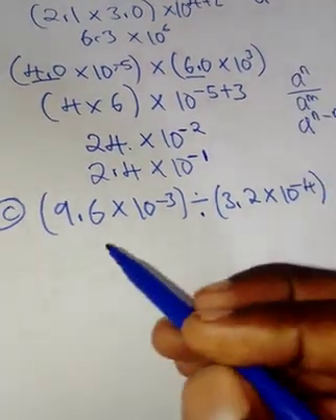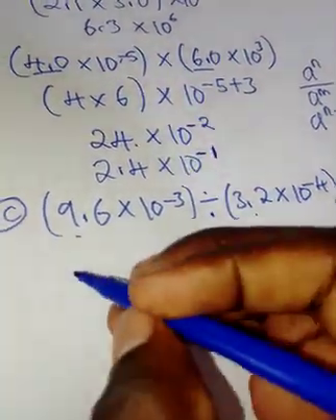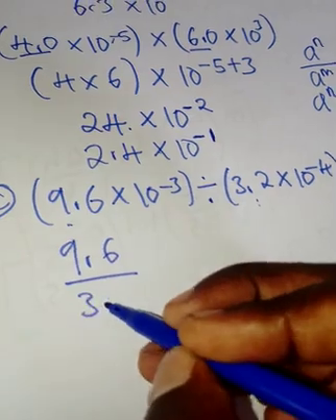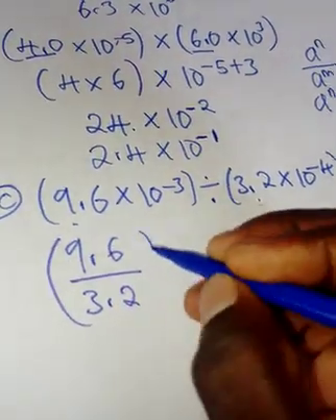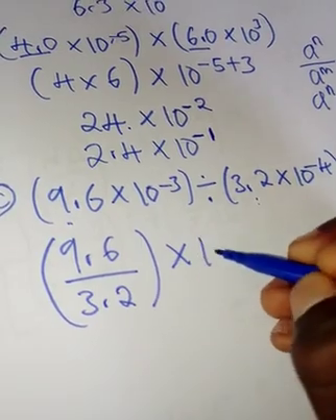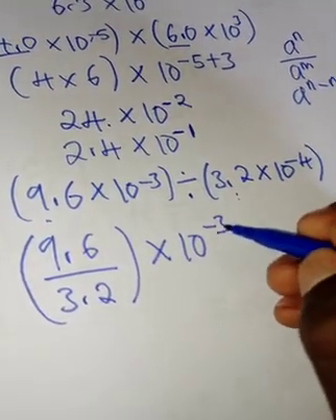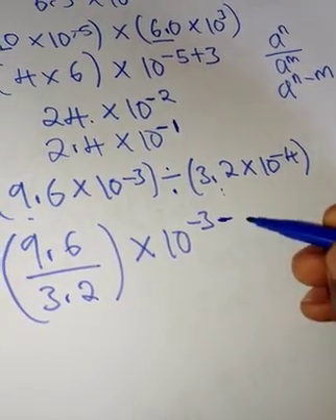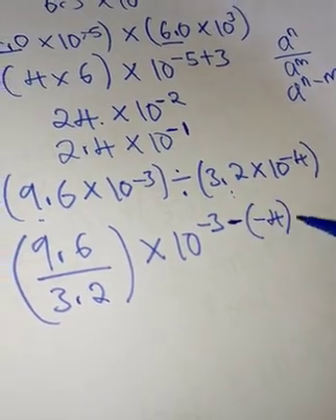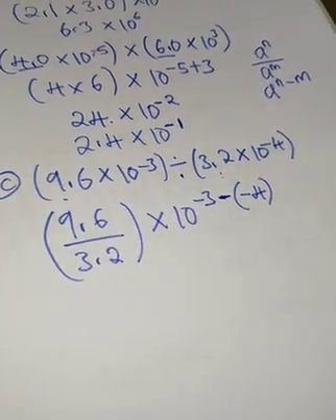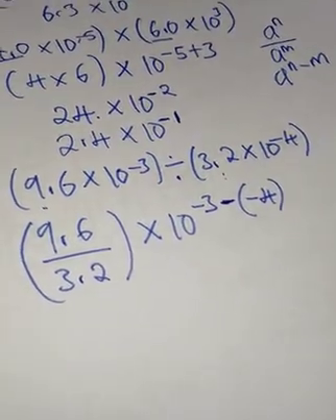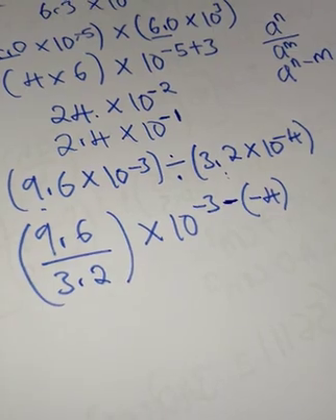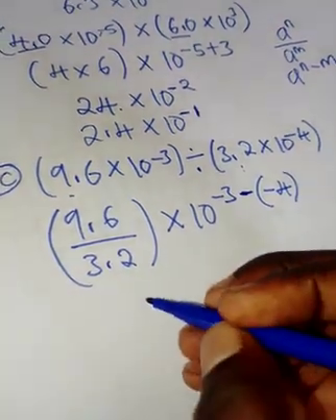Same applies here. You simply divide these. So you get your 9.6 over 3.2. Then multiply by 10 to the power -3 minus, this minus is in the formula, minus -4. 9.6 divided by 3.2, that's simply 3.